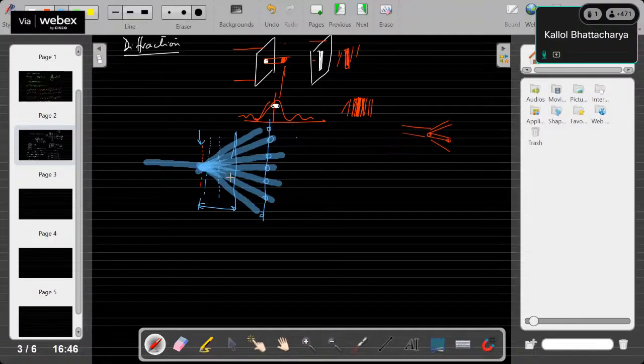Okay, so the edges will be spread out, and if the edges are spread out, you may be able to find out the nature of the object. But beyond this point, each of these parallel beams is going in its respective direction. So this is called the Fresnel zone, and beyond this we have the Fraunhofer zone.